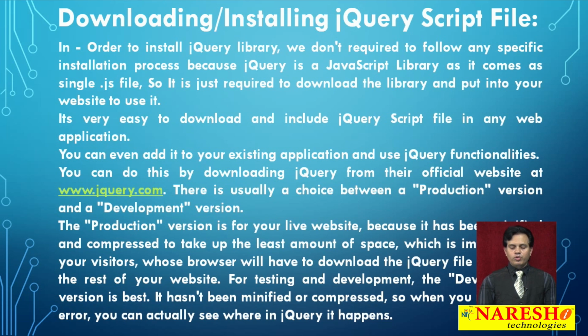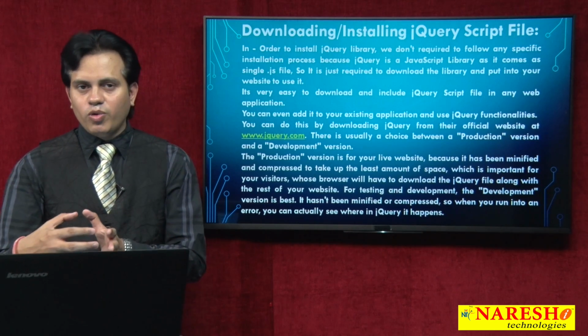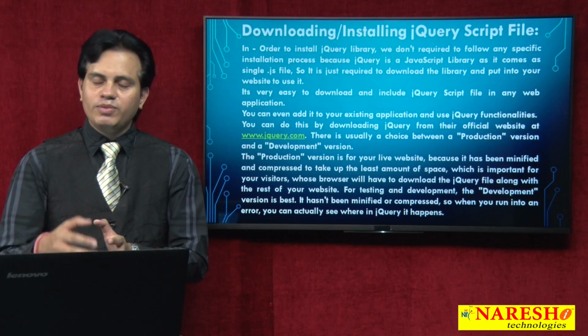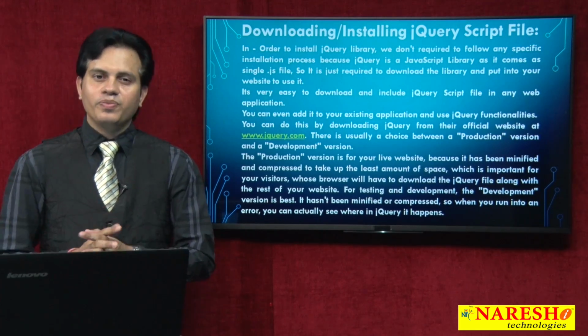So when you run into an error, you can actually see where in jQuery it happens, and it helps with debugging. You can see the entire jQuery library code to understand what code is already present, which helps in finding errors and debugging the program.